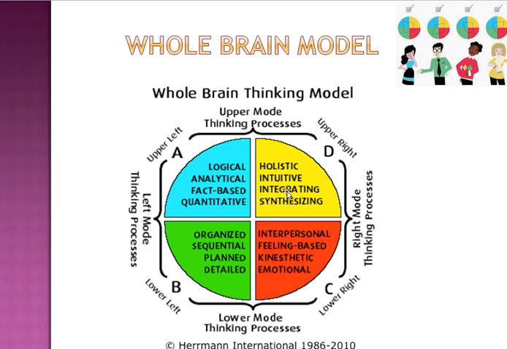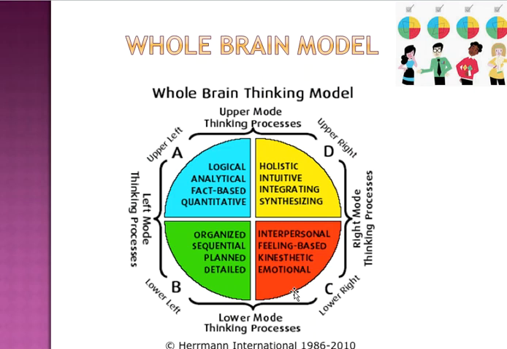The upper right is about the holistic, intuitive, integrating and synthesizing processes of the brain, while the lower right is about processes related to interpersonal, feeling-based, kinesthetic and emotional processes of the brain.